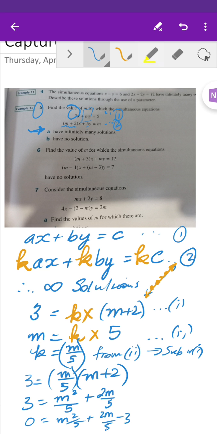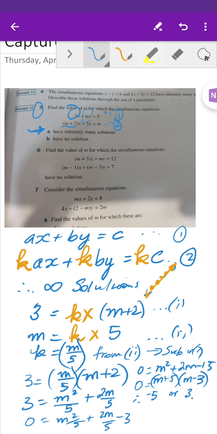Multiply everything by 5, so 0 equals m squared plus 2m minus 15, and this factors as m plus 5 and m minus 3. Therefore, m could be negative 5 or 3. Well, let's see which one of these works.